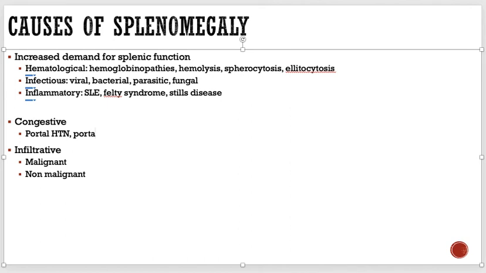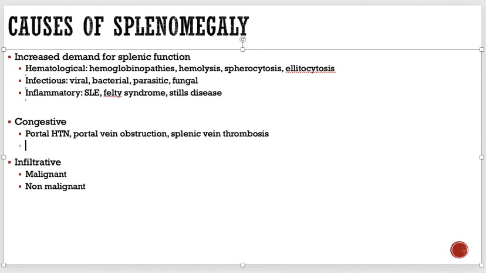Portal vein obstruction is one of them. Or sometimes splenic vein thrombosis. The story is simple. When there is splenic vein thrombosis, blood cannot drain out of the spleen, and when the blood cannot drain out, the spleen becomes congested and enlarged.